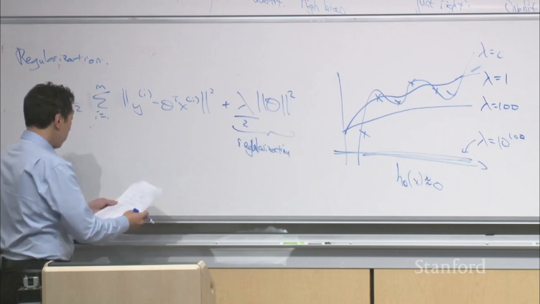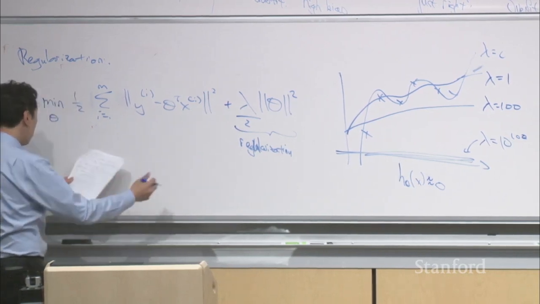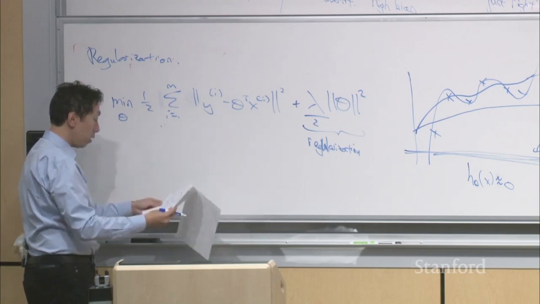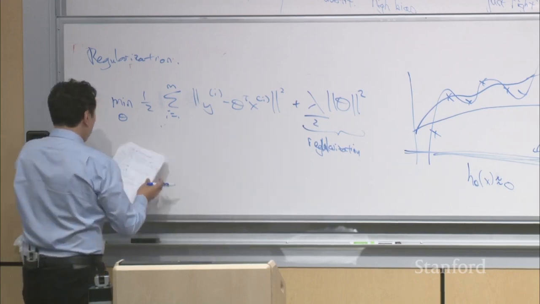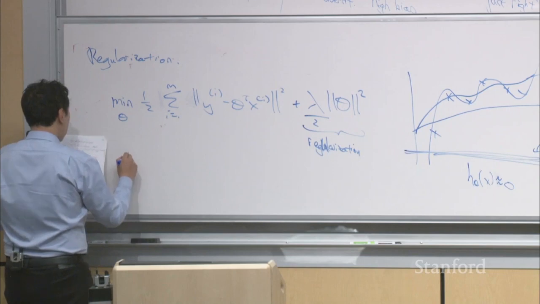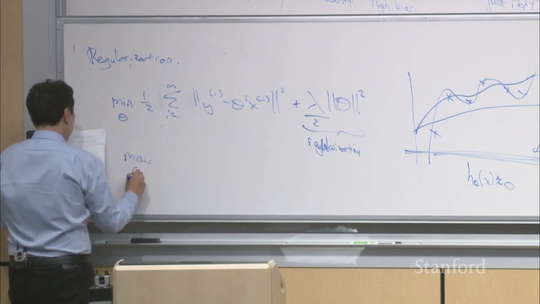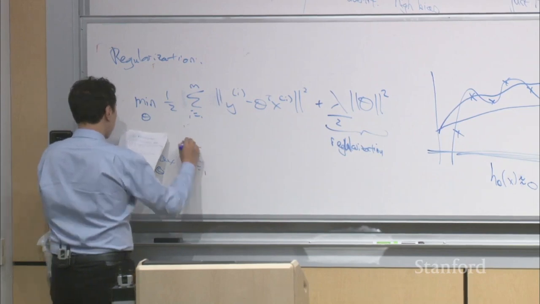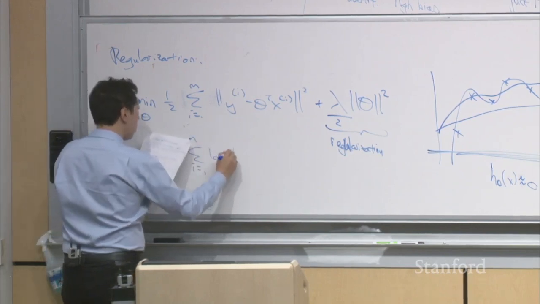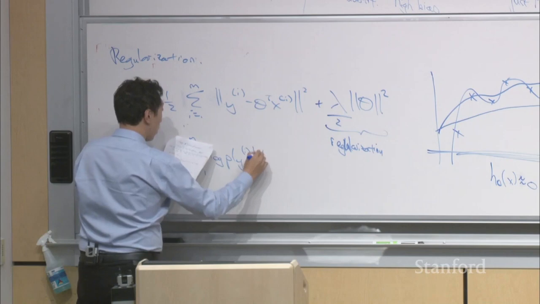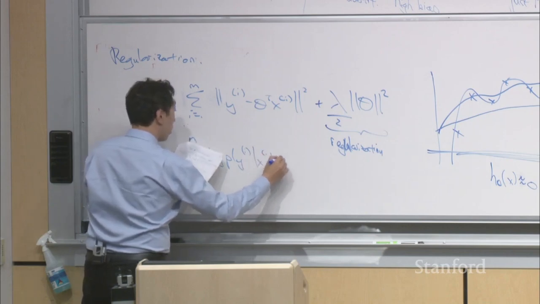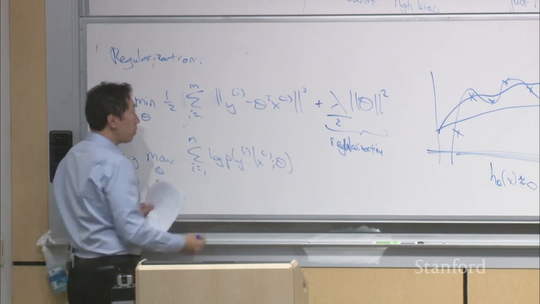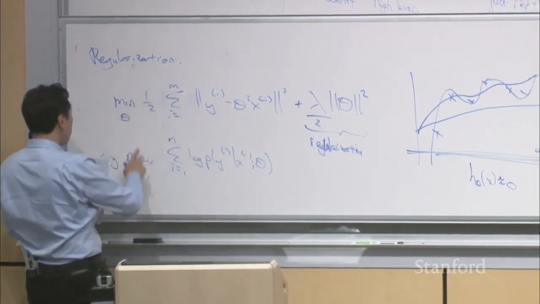More generally, if you have, say, a logistic regression problem where this is your cost function, then to add regularization, I guess instead of min, this is a max, right?